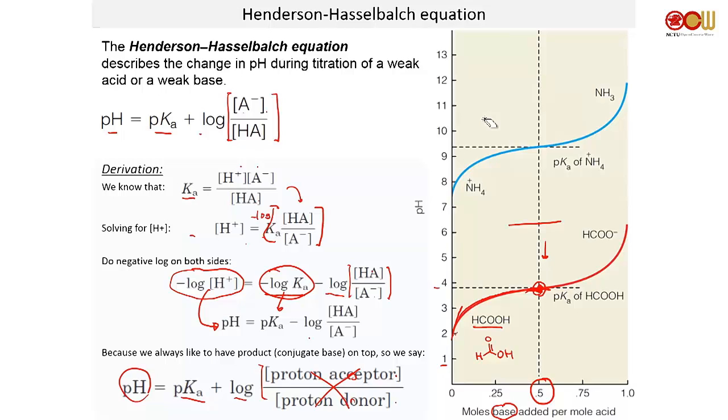Same thing happens if you have ammonium, okay? So ammonium is a protonated form of ammonia, okay? So you can actually get ammonium chloride from companies. So if you dissolve ammonium in water, initially the pH is going to be relatively low, okay?